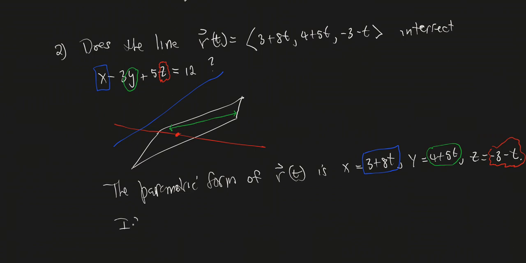So let's say this. If R intersects the plane, right? Whatever defines the line would have to satisfy whatever defines the plane.